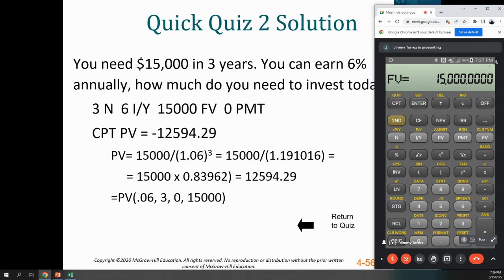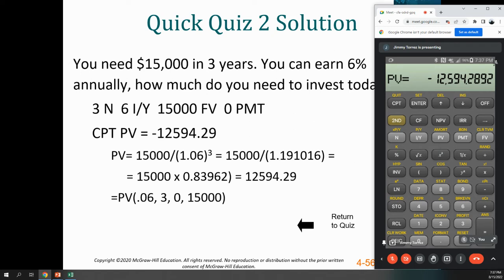PMT is the default, which is 0, so I'm going to ignore that. And basically what I want to do is compute the present value. And voila, since the future value is positive, the present value has to be negative, which is $12,594 and rounding 29 cents.